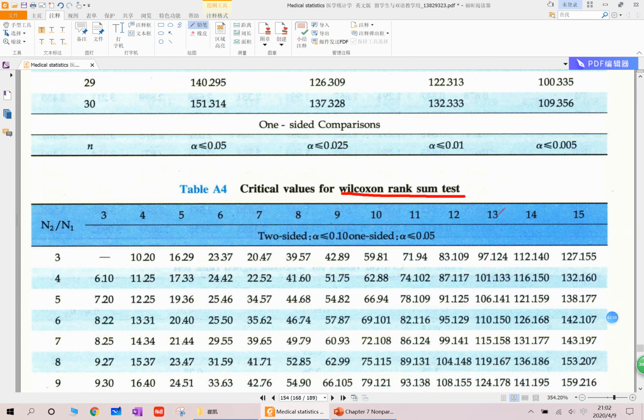But the signs are not useful in two independent sample test. So the title is Wilcoxon rank sum test. That is the name of the method.